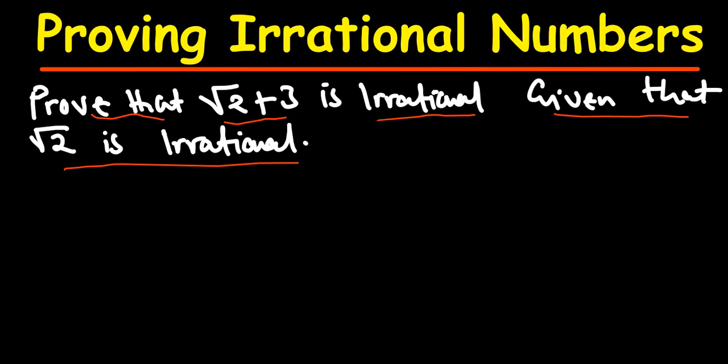The first thing is always to make an assumption that is the opposite of what you want to prove. So we are going to say, suppose root of 2 plus 3 is rational.